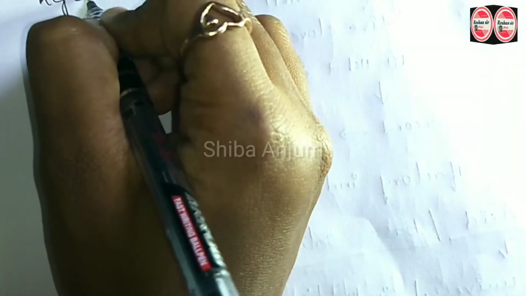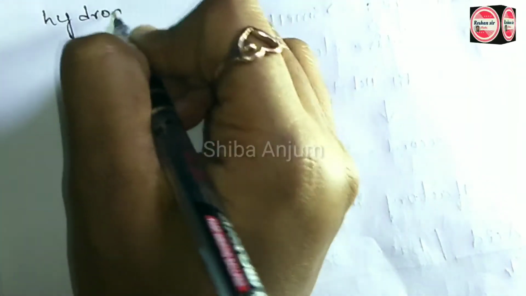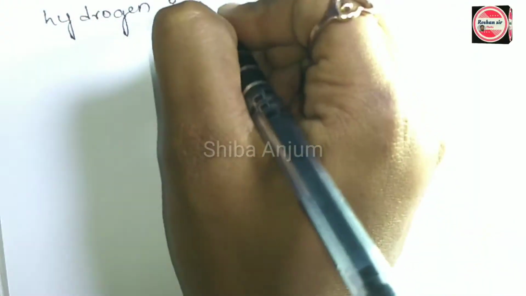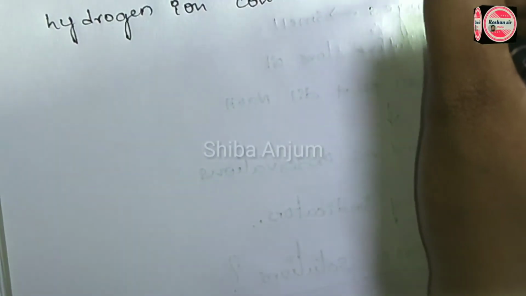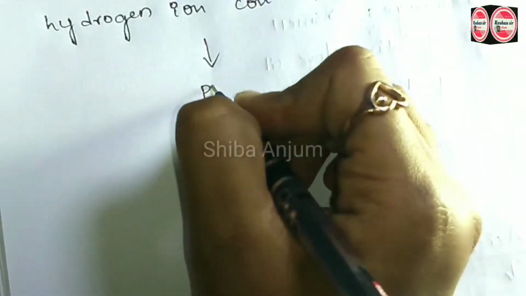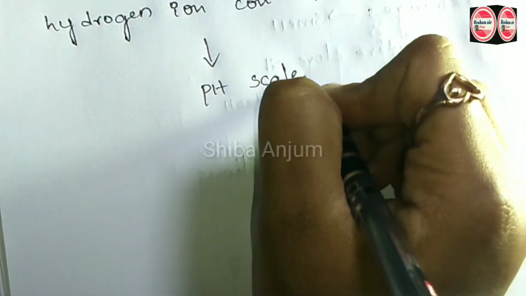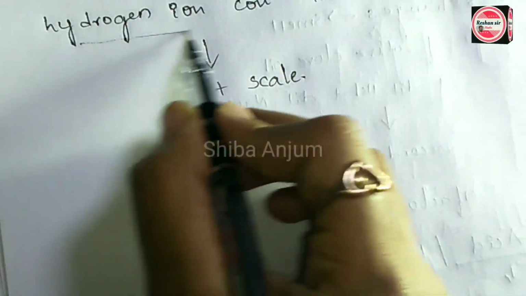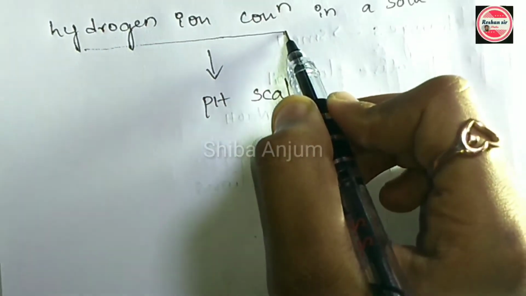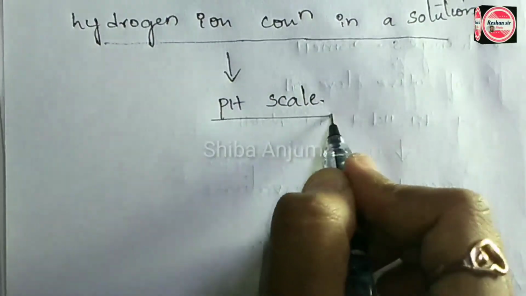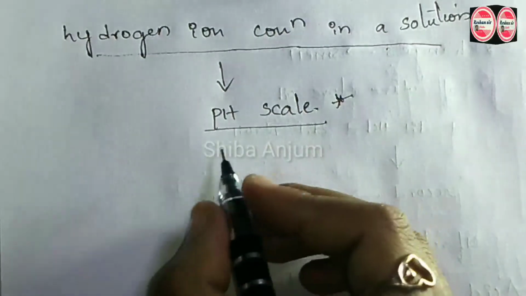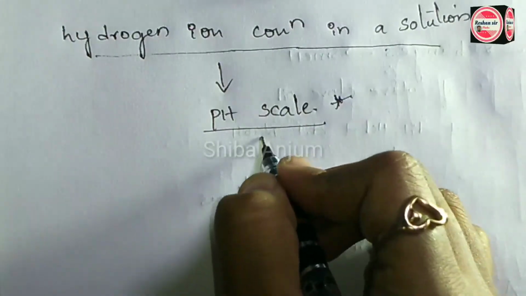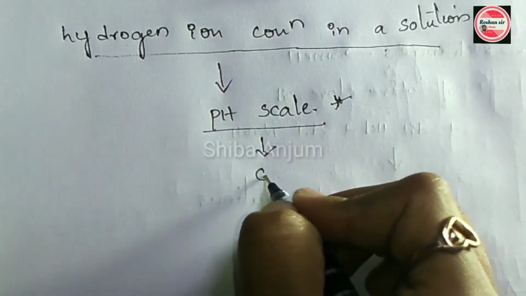A scale for measuring hydrogen ion concentration in a solution is known as the pH scale. I repeat it once again: hydrogen ion concentration in a solution is measured by the pH scale. This is very basic and very important, and it was developed in Germany.